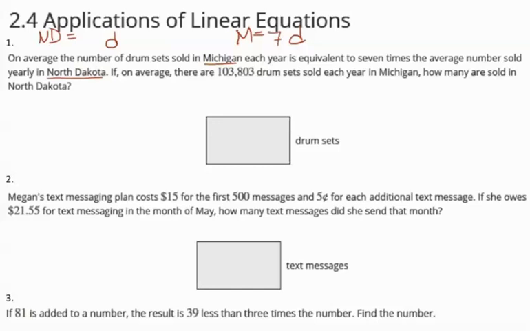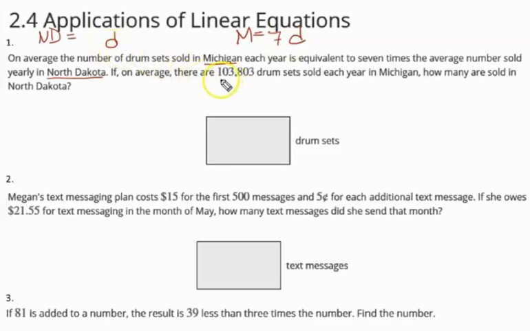Now, did you get something like this? That is, D is the number of drums sold in North Dakota, but M is equal to 7D, 7 times the number of drums sold in North Dakota.